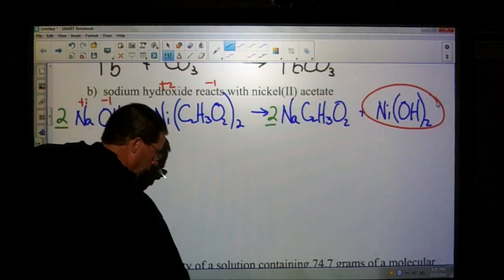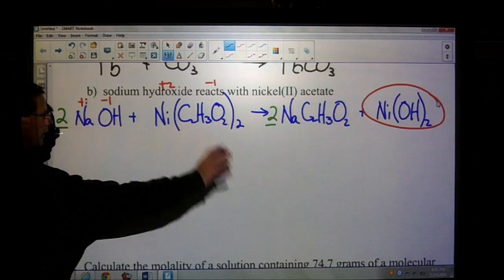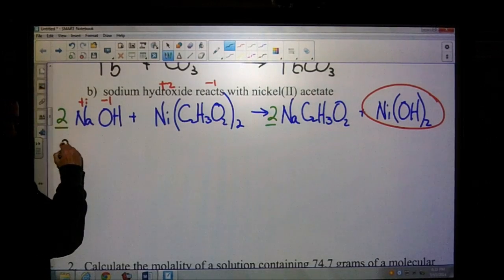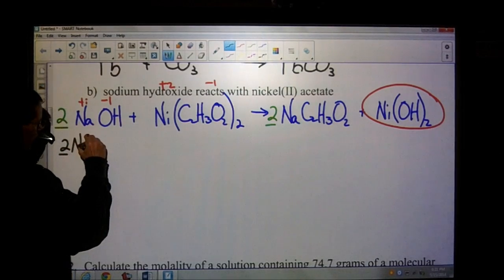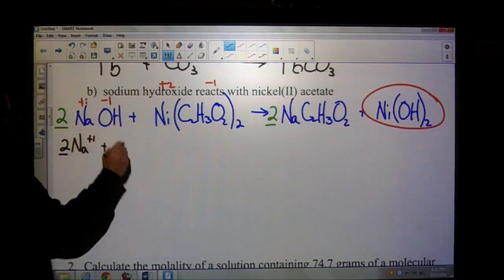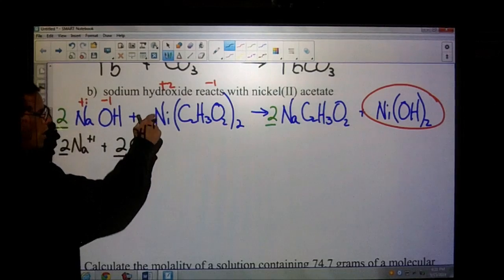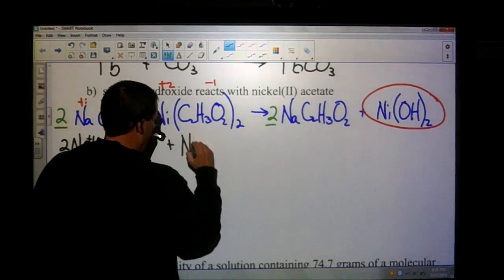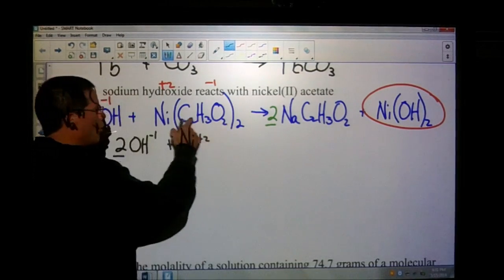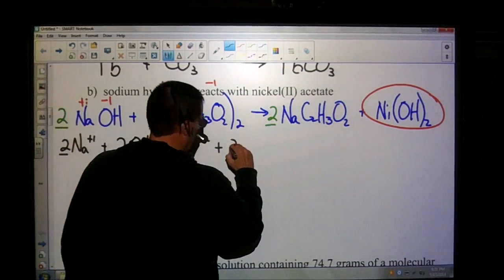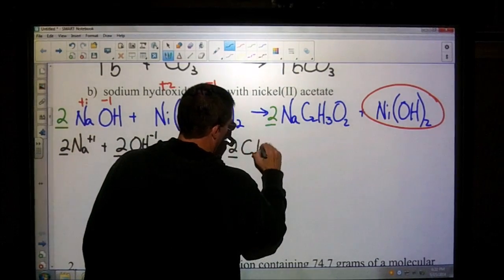So let's go ahead and write out our ionic equation. So again, we have 2 sodiums with a +1 charge, 2 hydroxides with a -1 charge, 1 nickel with a +2 charge, 2 acetate ions.